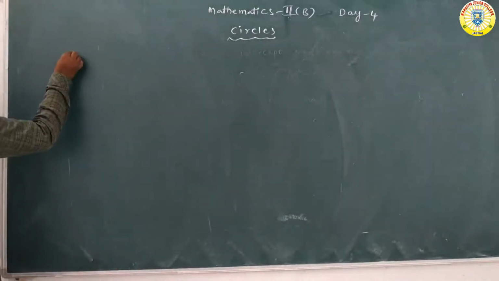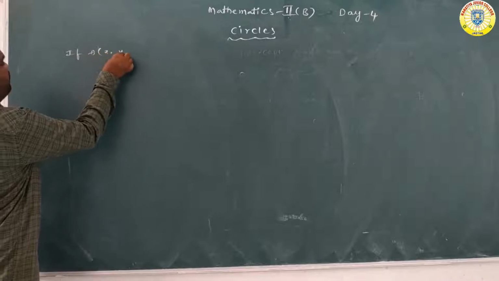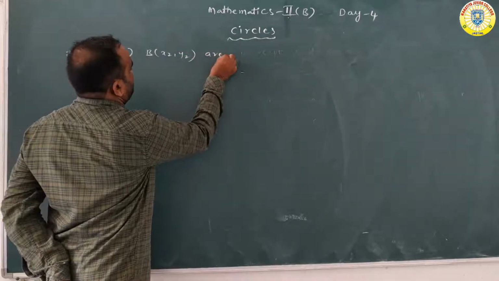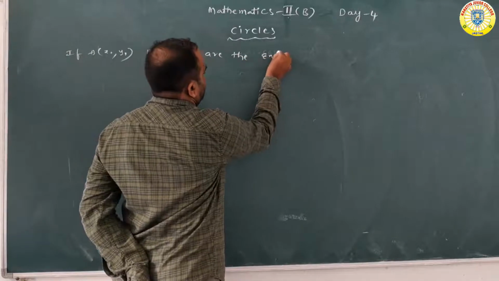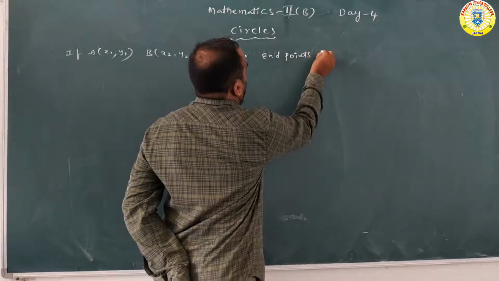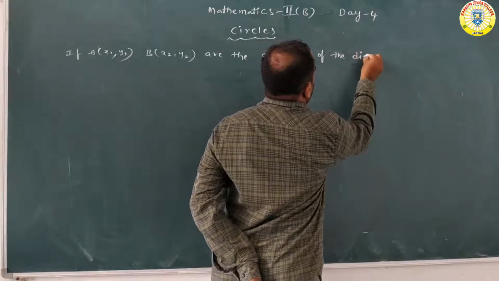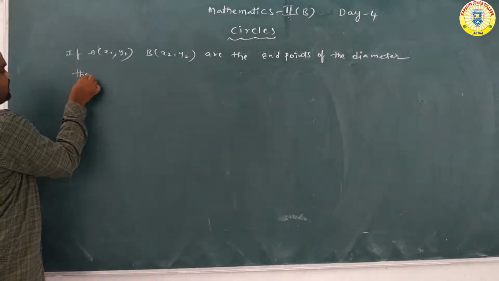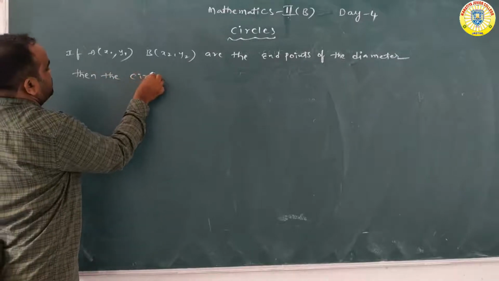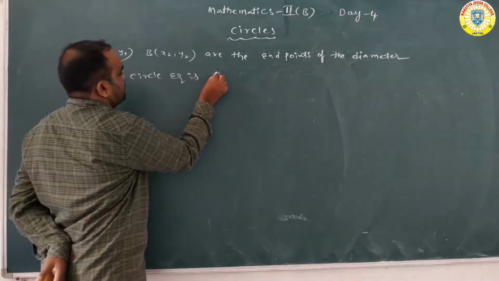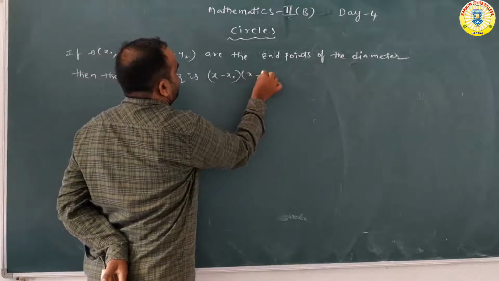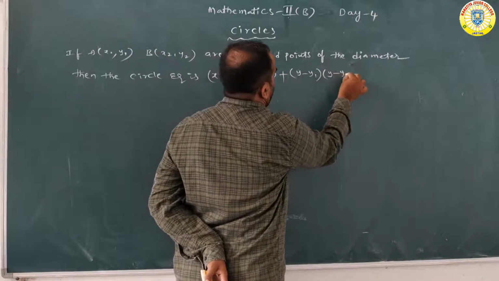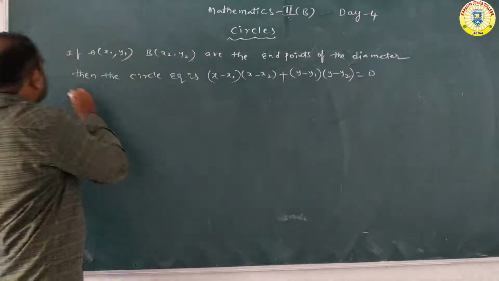If A of x1 comma y1, B of x2 comma y2 are the endpoints of the diameter, then the circle equation is x minus x1 into x minus x2 plus y minus y1 into y minus y2 is equal to 0. This is the theorem, a very small theorem.